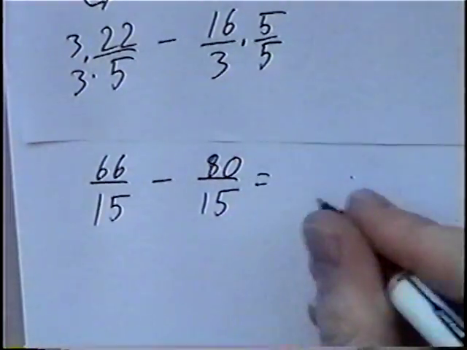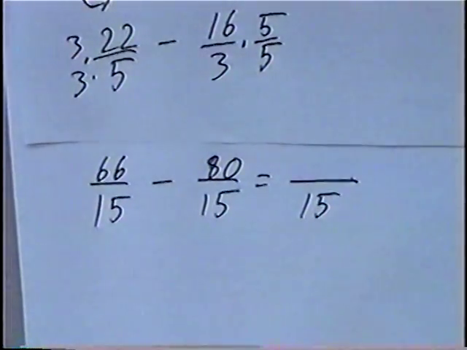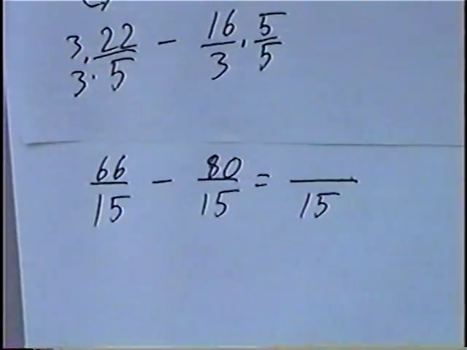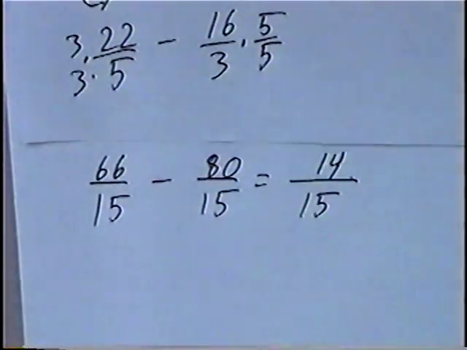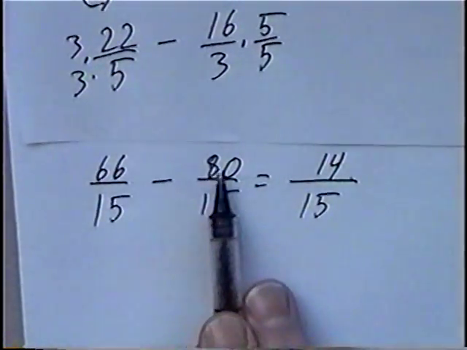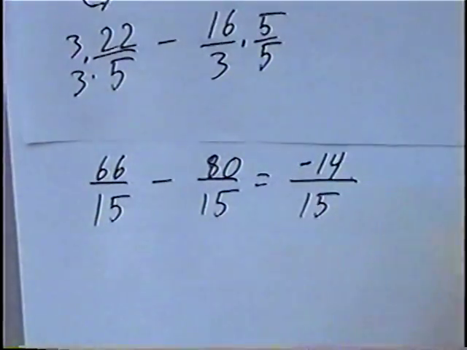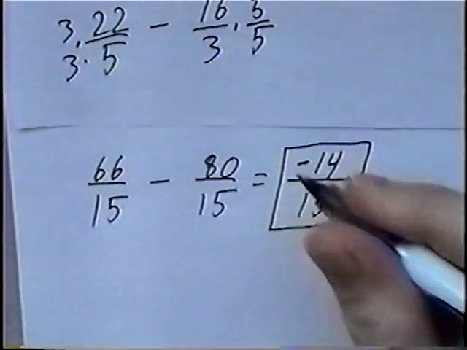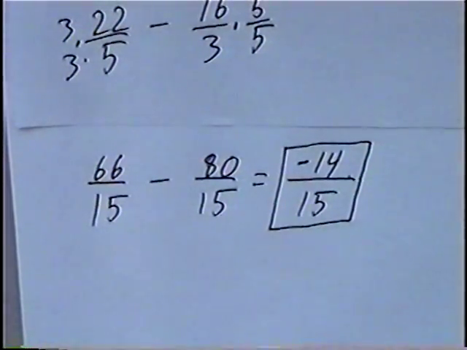Once we have the same denominators, we'll have 66 minus 80. We can take the bigger number 80 and subtract 66, which would be 14. And the bigger number 80 has a minus or negative sign, so our answer would be negative 14. Our final answer, negative 14 over 15.